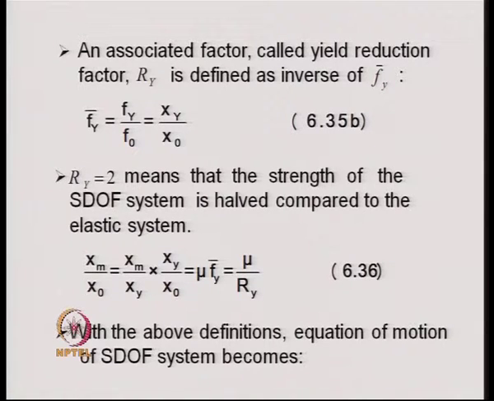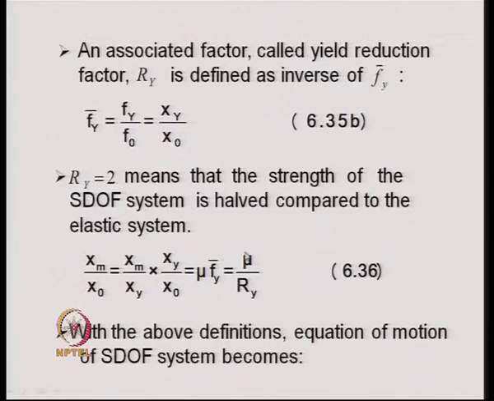Therefore, if one knows the value of mu, and xm and x0 are known, then one can find the corresponding reduction factor. Similarly, if the reduction factor is given and xm and x0 are given, then one can find the ductility.